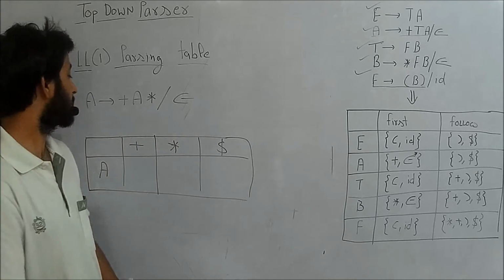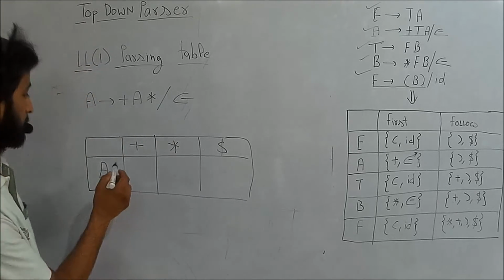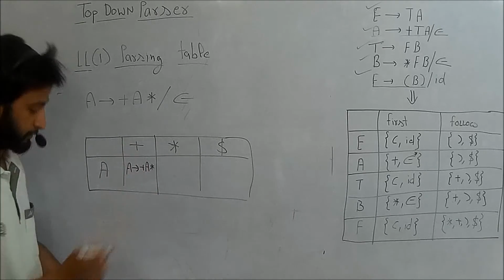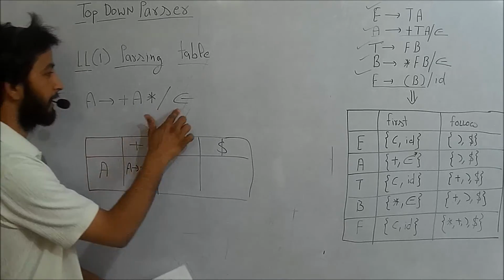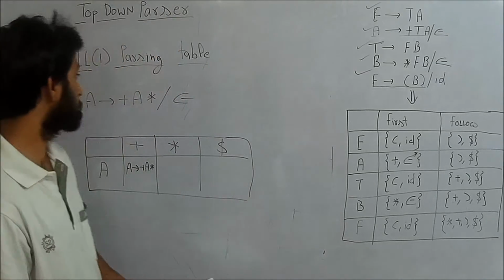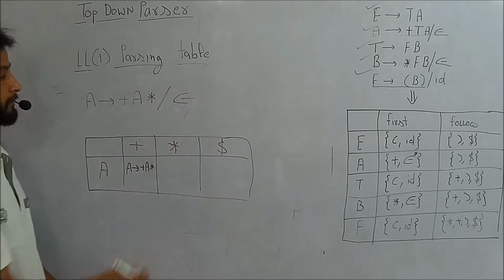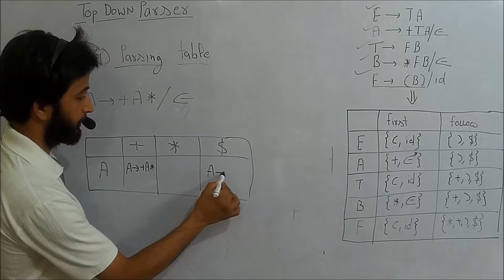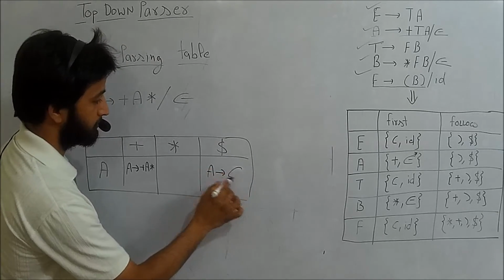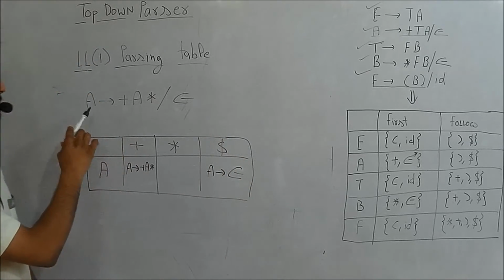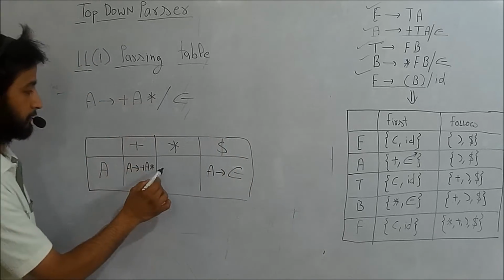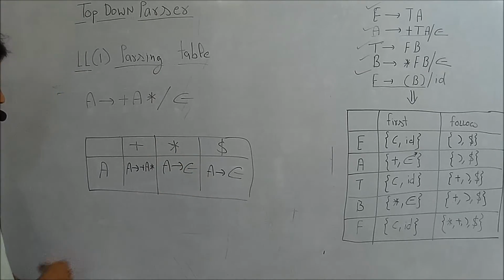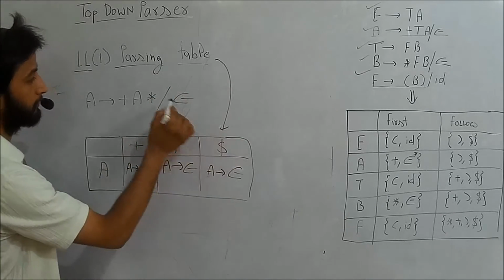The first of A derives plus A star is plus, so I have to put plus A star here. The next production is A derives epsilon, so I have to put A derives epsilon under the follow of A. The follow always starts with dollar, so I put it here, and in the second case the follow of A is star, so I put epsilon here. Okay, so this is the LL1 parsing table for this grammar.